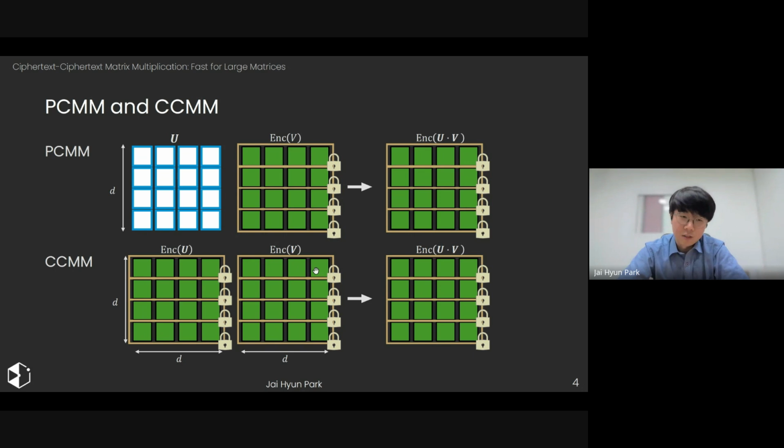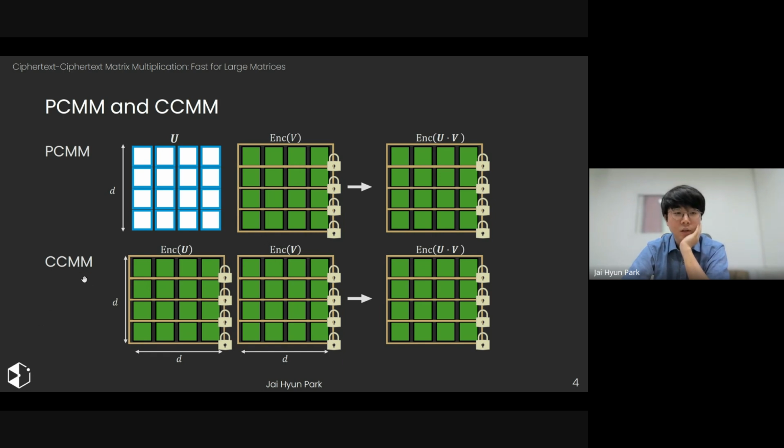Here, for example, we will think of ciphertexts that each encrypt a row of the matrix, and our goal in CCMM is to obtain ciphertexts that decrypt to each row of the product matrix. We want to keep the format consistent so that we can use this CCMM or PCMM algorithm during other machine learning tasks. So this is our problem, and in this talk, we're going to focus on the CCMM case.